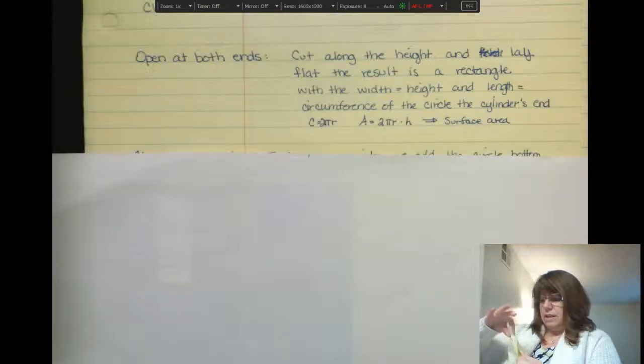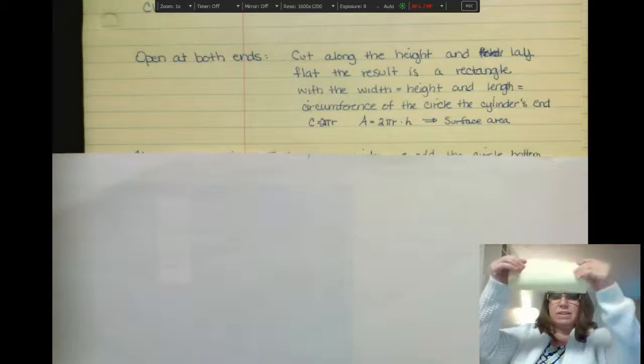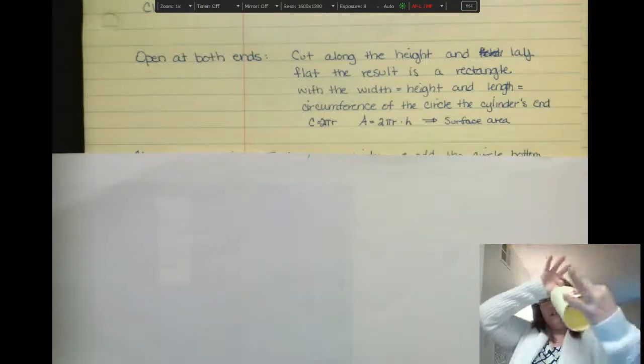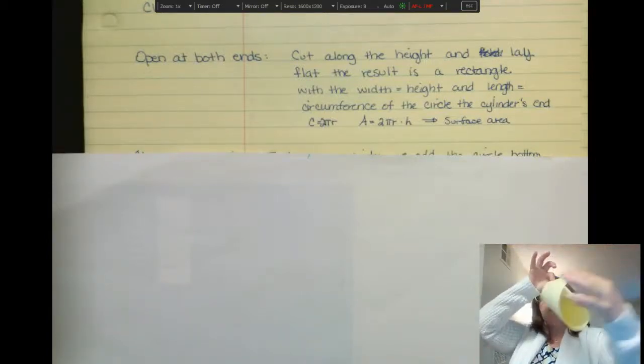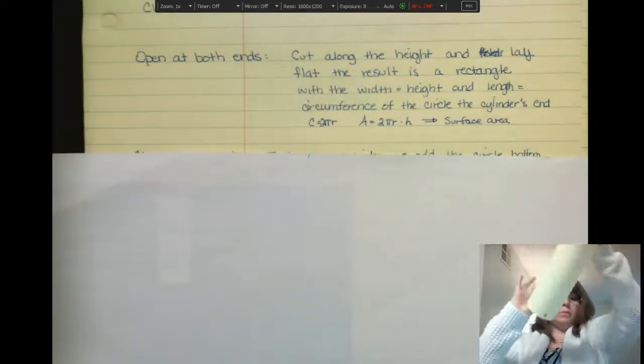So again, I just want to show you, maybe it will make more sense. I can fold my paper into a cylinder here. If I have a cylinder, you'll see that it's nice and round, well, kind of round, but both ends are open.